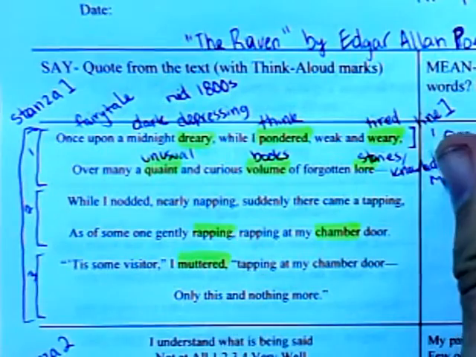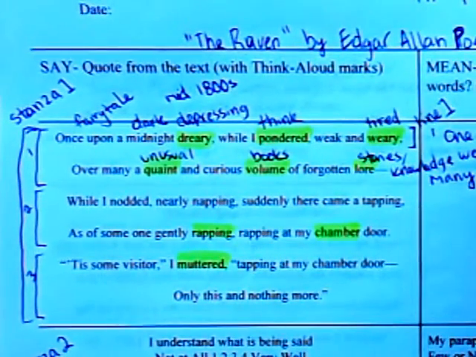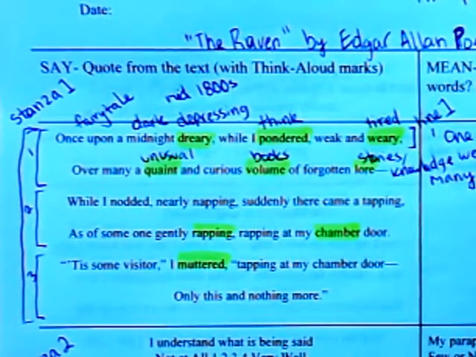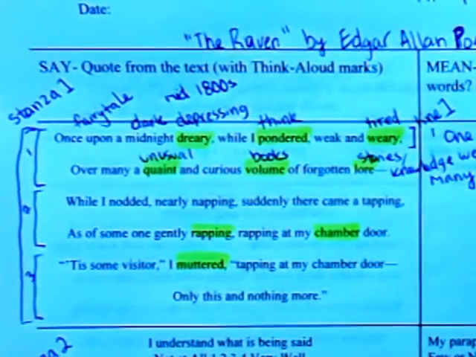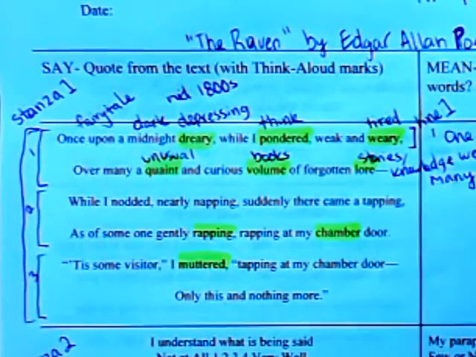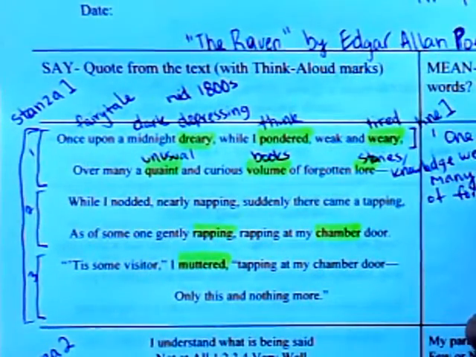So I thought about many unusual and interesting books of forgotten stories.